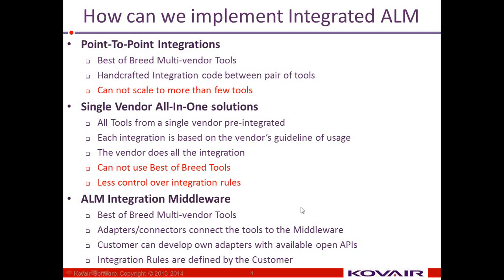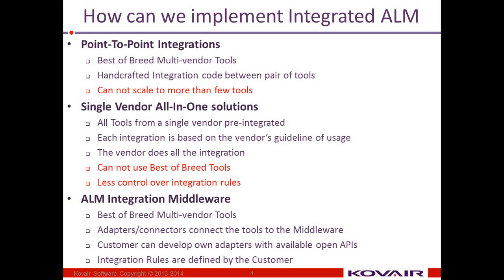The third option is ALM integration middleware. So this is basically a dedicated piece of software that is doing only the integration part. So it's connecting multi-vendor best of breed tools, and you have to have the adapters to connect each of the tools to the middleware.